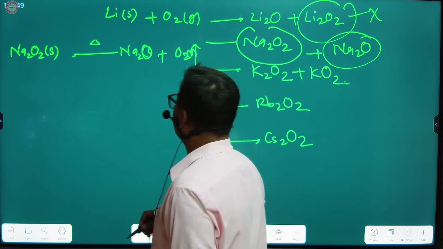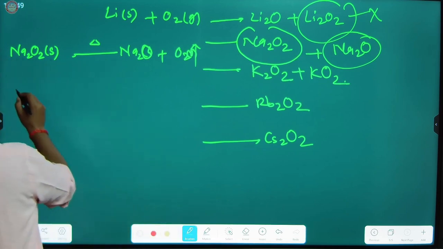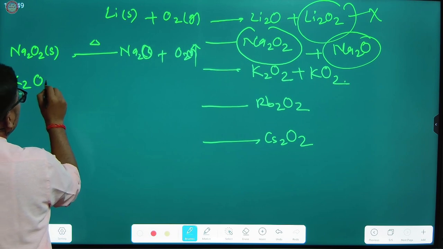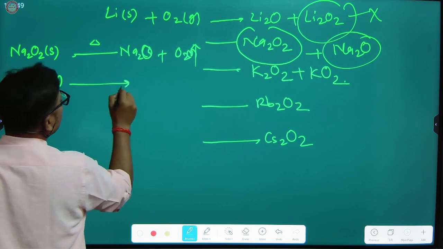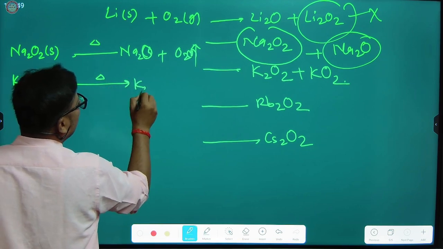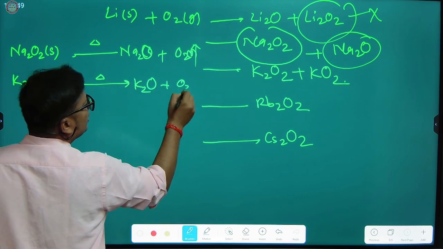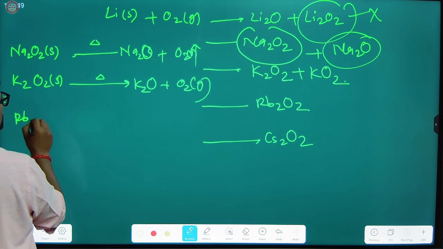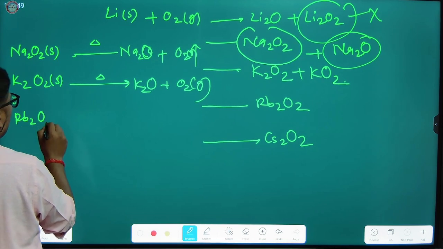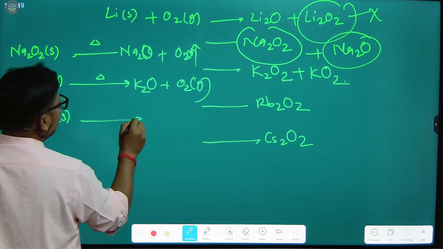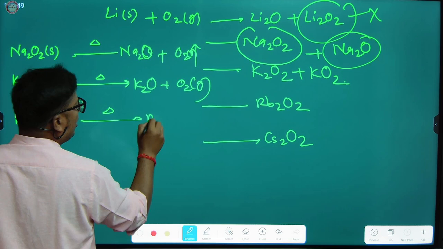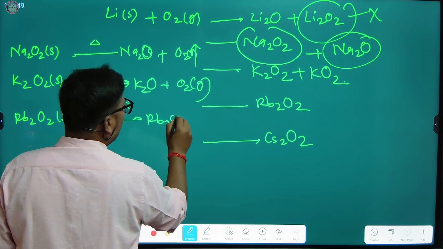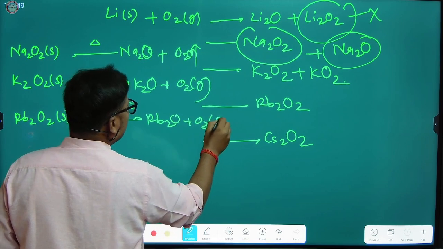Okay. Similarly, K2O2 in solid state, once it is heated, gives K2O plus oxygen gas, and in case of rubidium, Rb2O2 in solid state, if it is heated, then it forms Rb2O plus O2 gas.